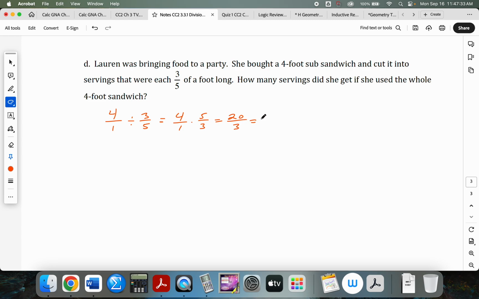Dividing, 3 goes into 20 6 times with 2 left over. So she had 6 2/3 servings. Again, be sure that you have the unit to go with that. Okay, any questions? Okay.